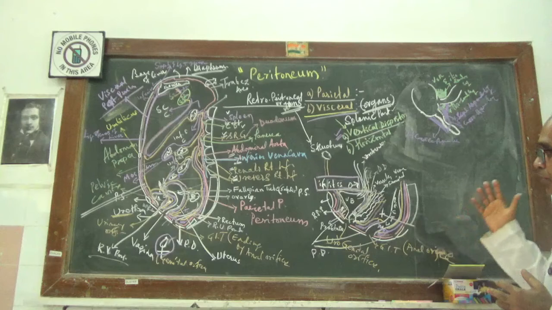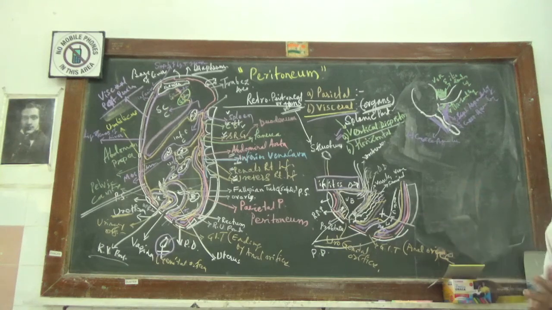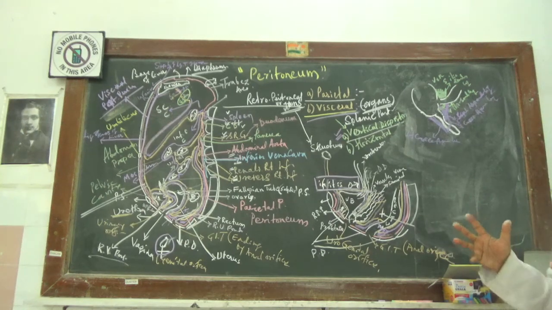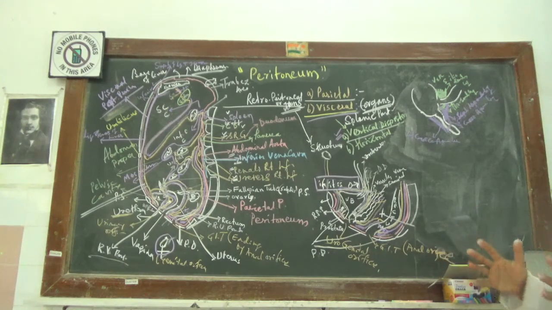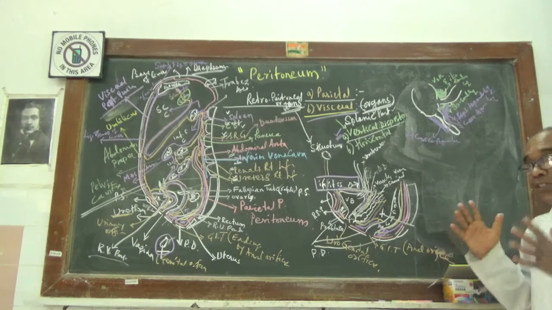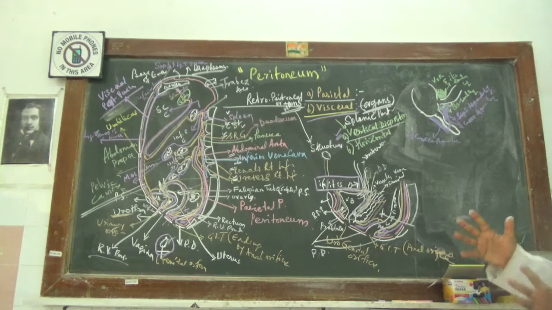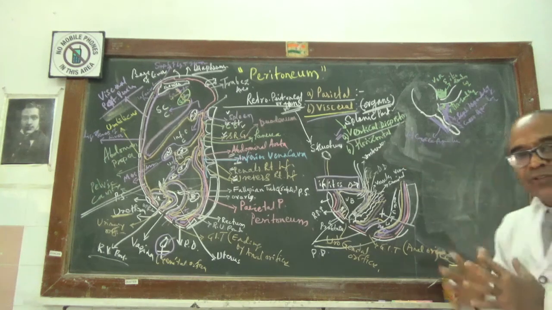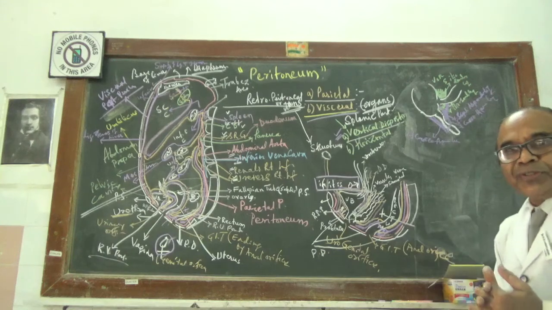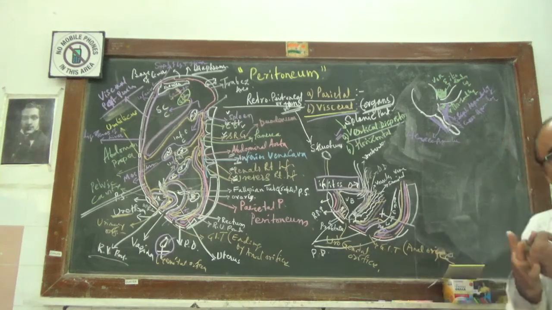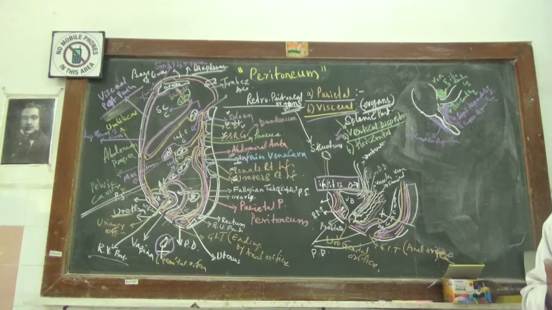Now why are these vertical dispositions of the visceral layer of the peritoneum there? These vertical dispositions are there only to support those organs in their particular quadrants of the abdomen, so they should not move when movement of the body occurs.